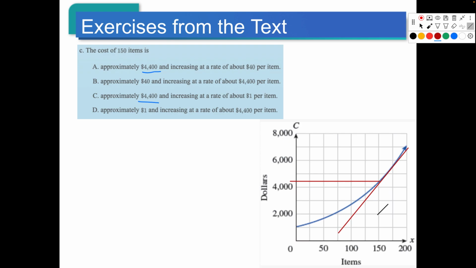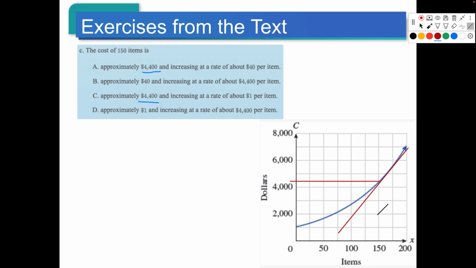I'll choose this point that's 125, and that's about 150, so that's a change of 25 this way, and it went up by 1,400. Certainly not 1. It's got to be somewhere around 40. Okay, so you could do the math, but you can see it's not 1, it's got to be 40.